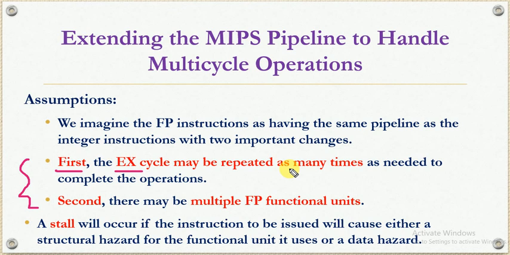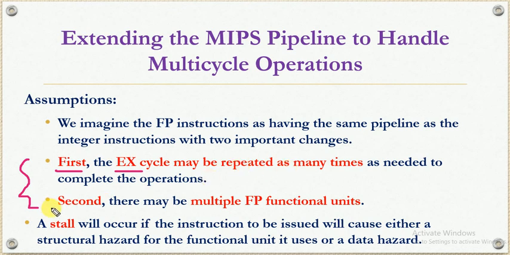Normally FP operations take more time to complete, so the EX stage may not be completed within one clock cycle. Before moving to the next stage, the EX will be repeated as many times as required. That is the first assumption for multi-cycle operations.